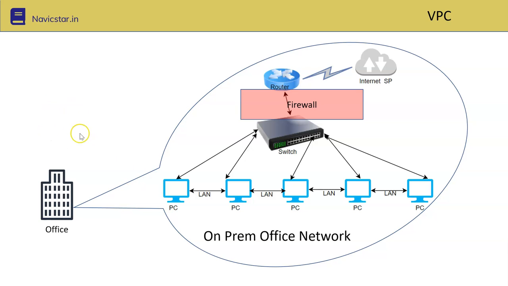So before going to the Amazon VPC in the cloud, I would like to talk about the current setup without cloud. How does it look in your office or corporate infra? Suppose you have an office, and inside this office you have many servers or machines which are connected to each other over a LAN. LAN is what? Local area network, right?